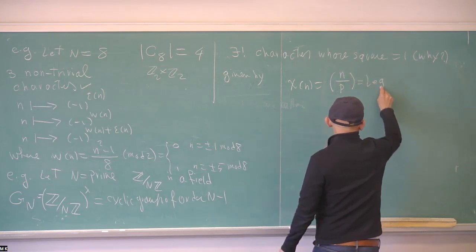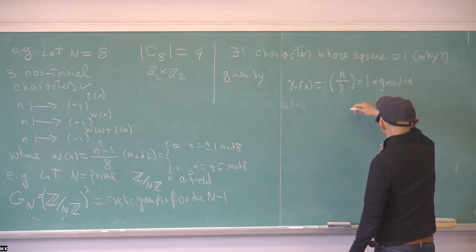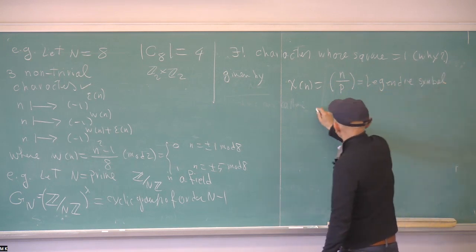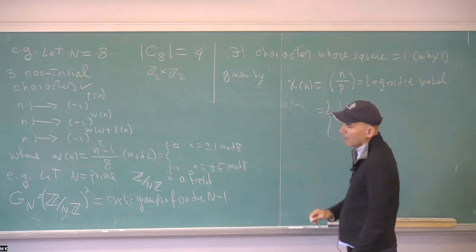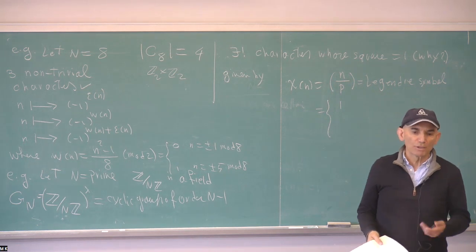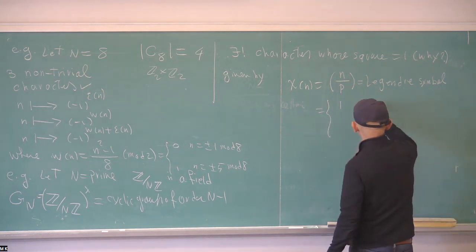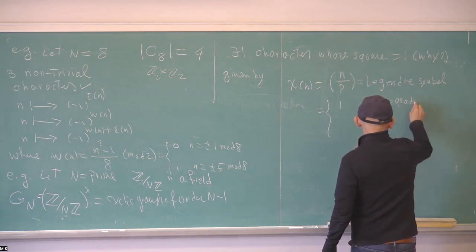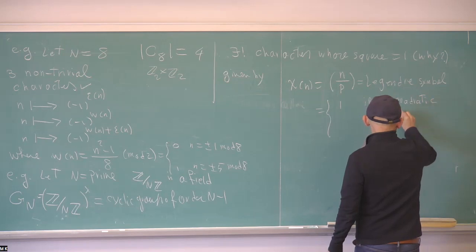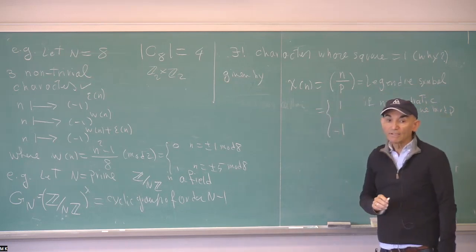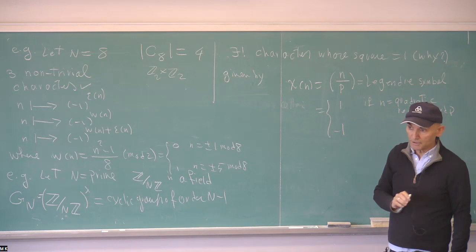This is called Legendre, because Legendre introduced this symbol, which is equal to 1 if n is a quadratic residue mod p, and minus 1 if n is not a quadratic residue mod p.